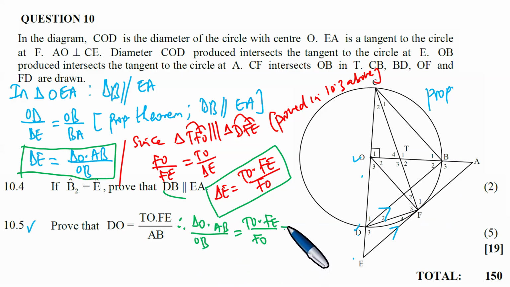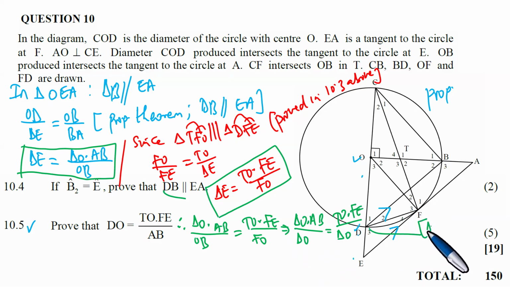So here you can come and then say, you have DO AB over DO is equal to TO FE over DO.